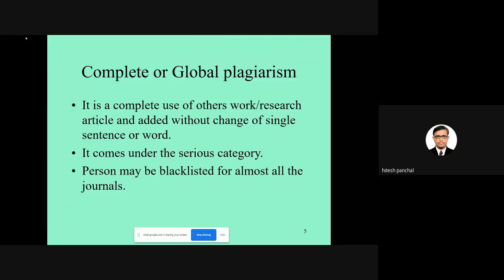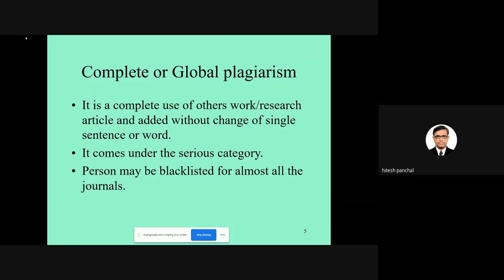And this plagiarism always comes under the serious category. Suppose you obtain plagiarism in the software above 70%. It means that 70% of the work you have used in your research article is from others' research work, and you have not given proper credit.